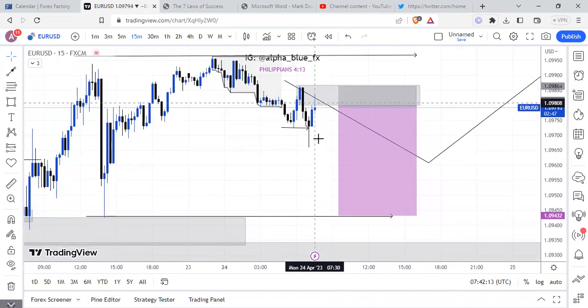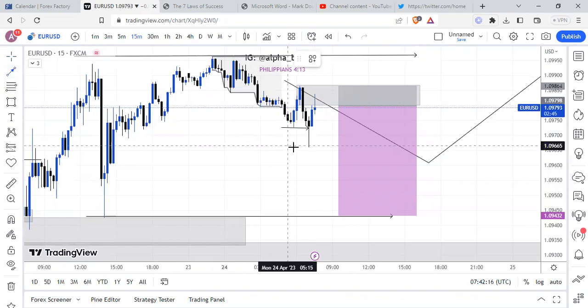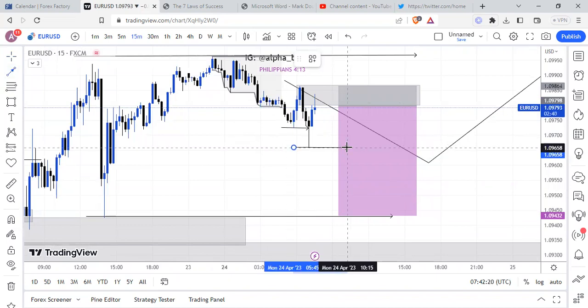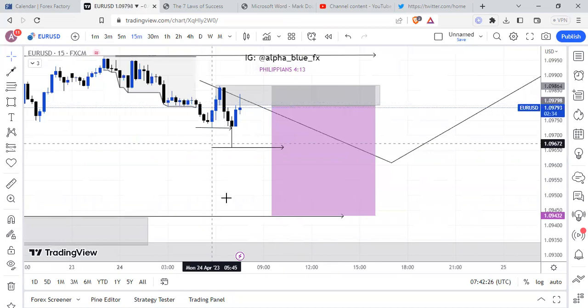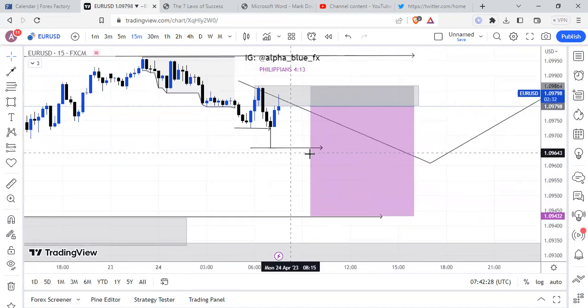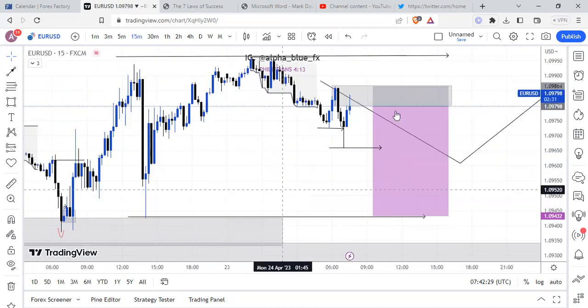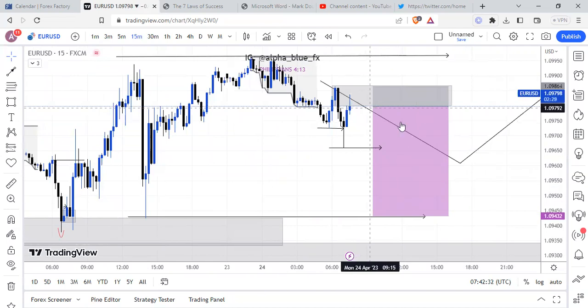The only time I'll enter this is if I see that it gives a further break of structure to the downside. It does this again. It breaks here again. Fine, I'll look for sell. But from here, I won't sell. But if it breaks structure to the downside again, then I'll look to enter on another other block around here.